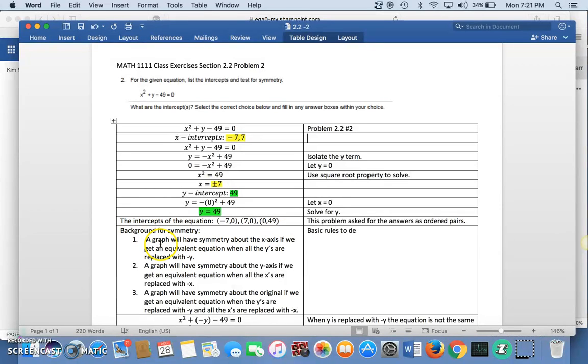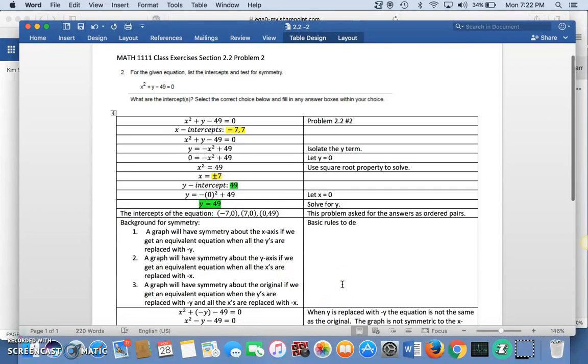Your background for symmetry: a graph will be symmetric to the x-axis if you get an equivalent equation when all the y's are replaced with negative y. Replace y with negative y for x-axis symmetry. For y-axis symmetry, replace the x with negative x.